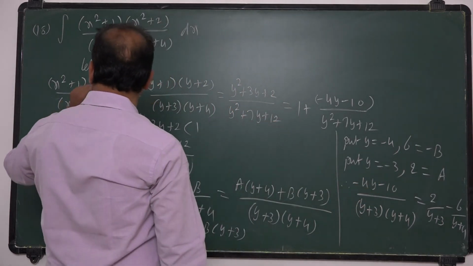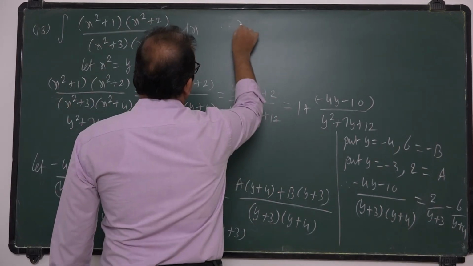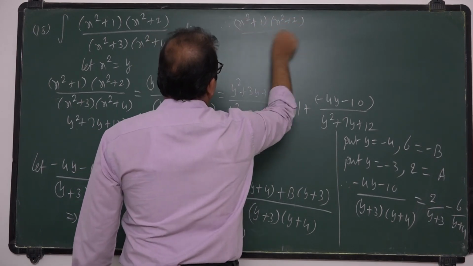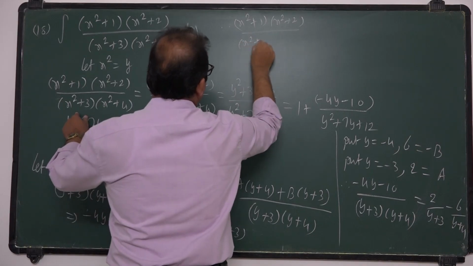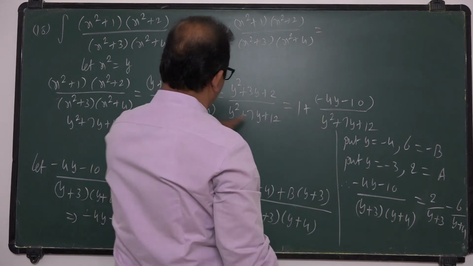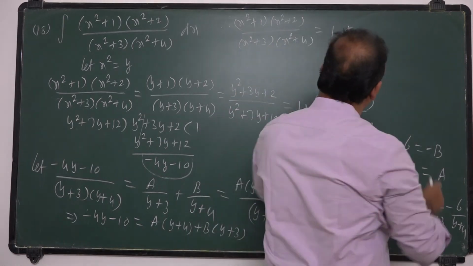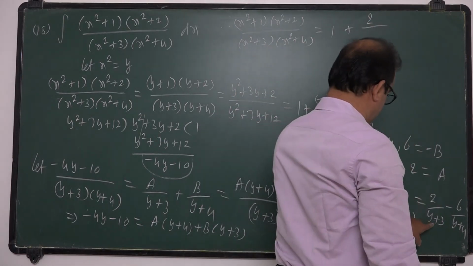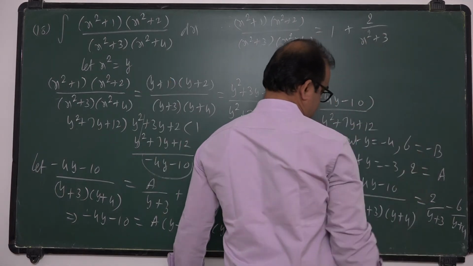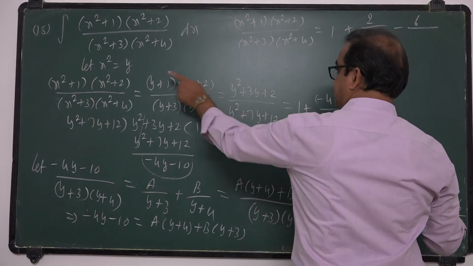Therefore, the function by x square plus 3 into x square plus 4 is equal to 1 plus 2 by y plus 3, but what is y? x square, plus 3, minus 6 by y plus 4, what is y? x square.